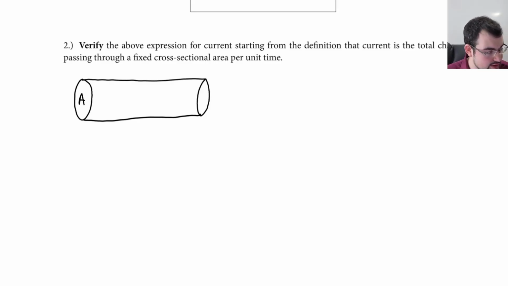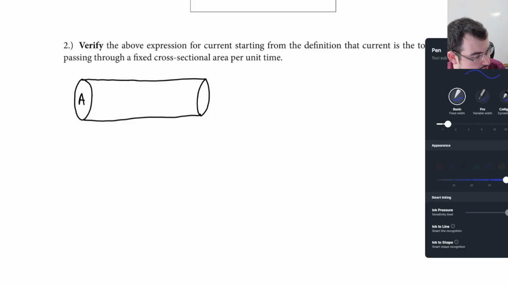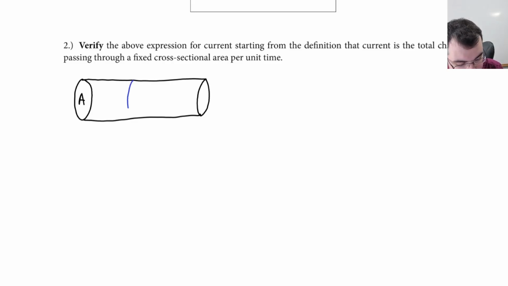And we're just going to consider a part of it. So we're going to consider maybe this section of the wire. So it's going to have the same cross-sectional area, and it's going to have some length that we'll just call x.